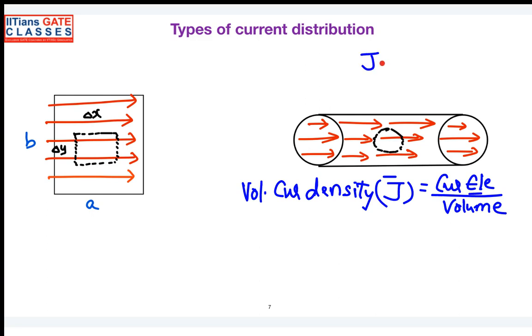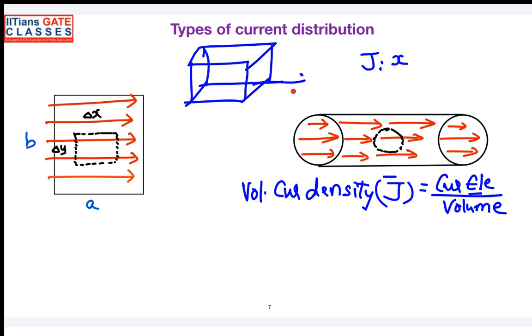Assume that the current density lies along the x direction. For example, let me consider a parallelepiped something like this, and this is your x-axis, this is your y-axis, and this is your z-axis. And the current density lies in the x direction, and it occupies the entire volume.